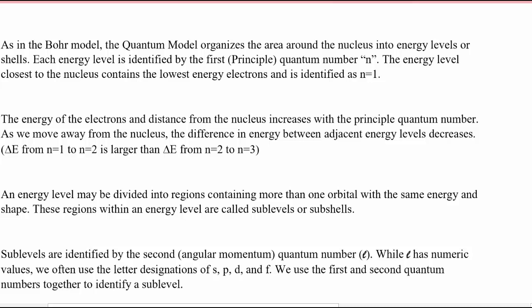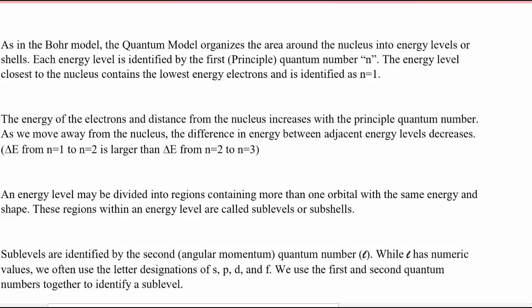Now, the second statement talks about the fact that the energy differences are not linear. Okay, so even though n equals 1 to n equals 2, I have one numerical change in the energy level, that doesn't correspond to the change in the actual energies of the electrons.